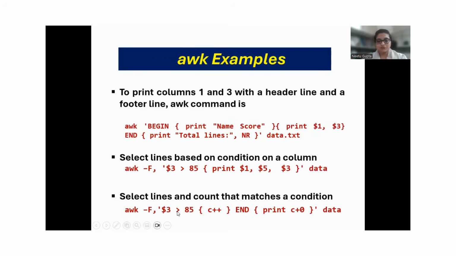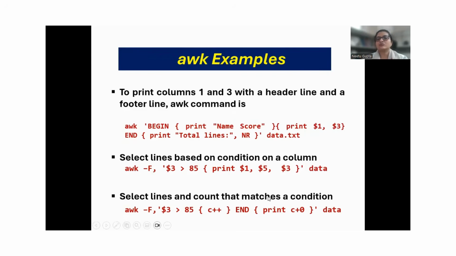It will check if the value of $3 is greater than 85, then it will do C++. And this will keep on executing on every line. Finally, it will give me the number of lines. So ideally, this command is giving me the number of lines whose third field is greater than 85.